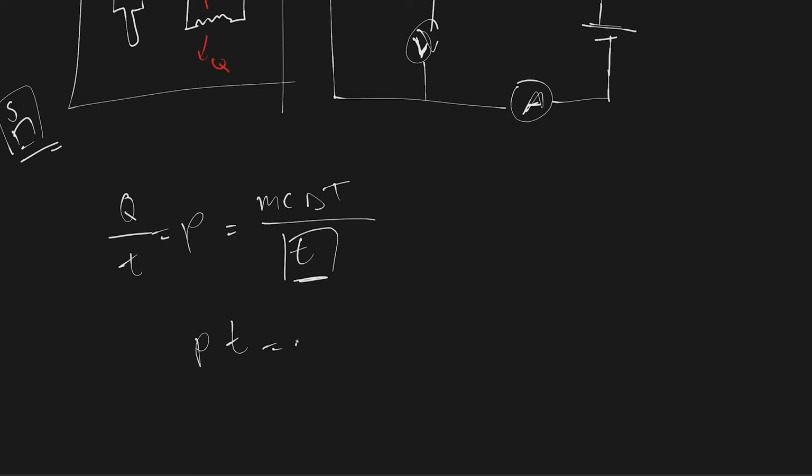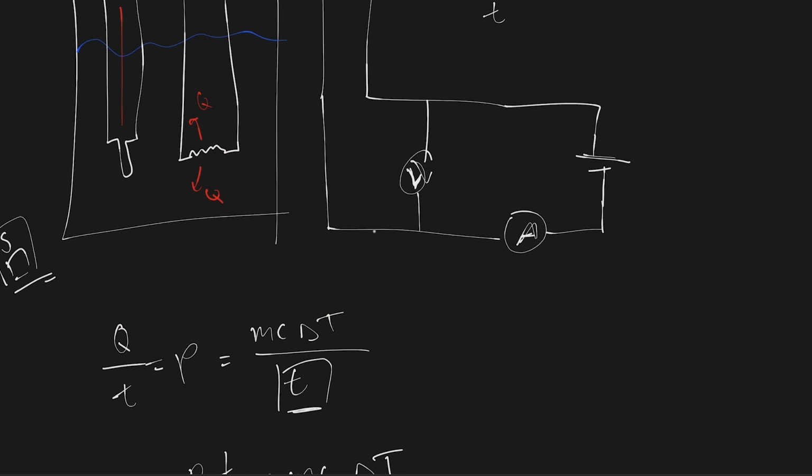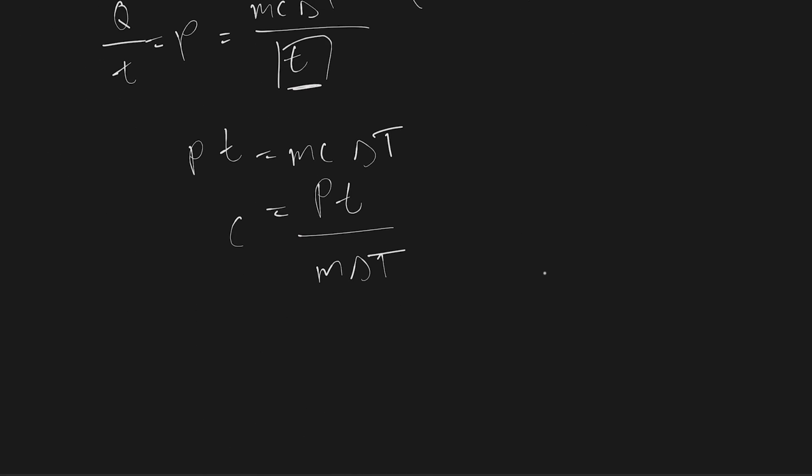Let's continue to solve for c. Pt is equal to mcΔT, and c is equal to Pt over mΔT. Using this equation, we can figure out everything that we need, because if you recall, we had a voltmeter and an ammeter. So we don't really need to know the exact power.